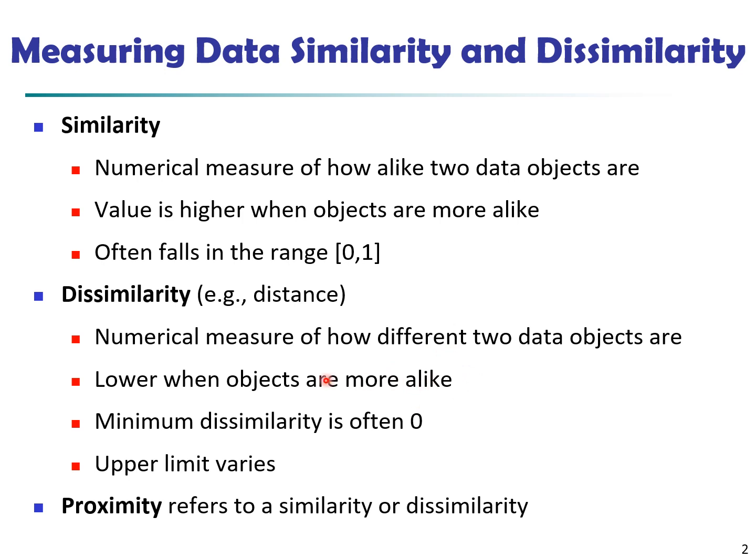The minimum dissimilarity is 0, which means that two objects with a dissimilarity of 0 are similar, and the upper limit varies depending on the objects. So similarity or dissimilarity are called proximity, because in many cases we are actually measuring the distance between two objects.